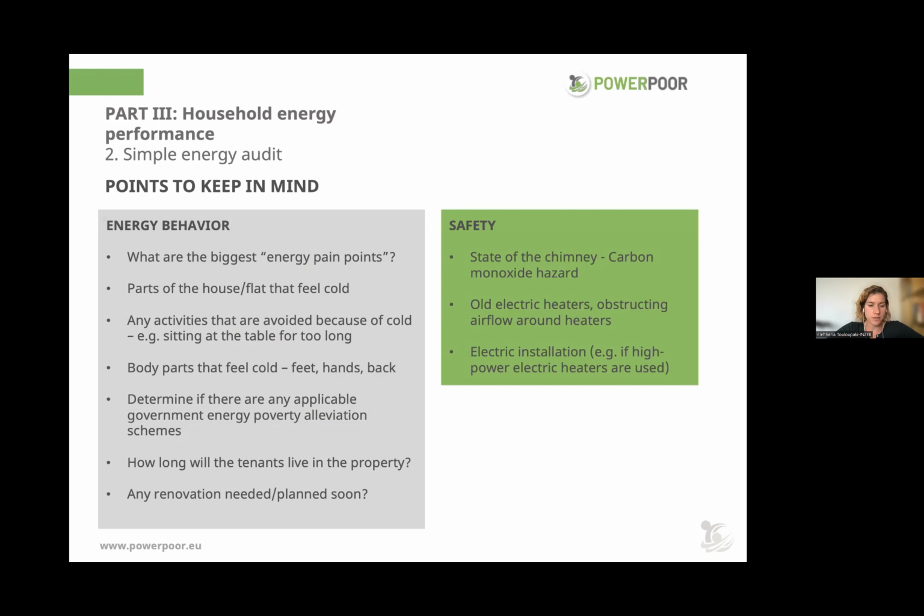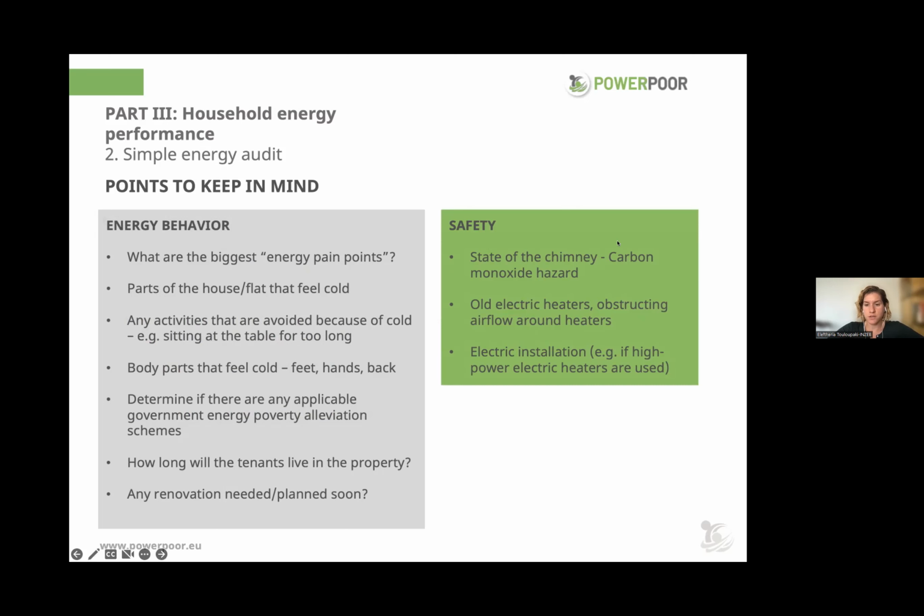If there are body parts that feel cold in the winter, if there are any energy poverty alleviation schemes that they can be enrolled in, and that this could help them alleviate their situation if they are vulnerable, and how long they have been living in the property, if they are the owners or they are renting the property, and if there is any renovation planned soon.